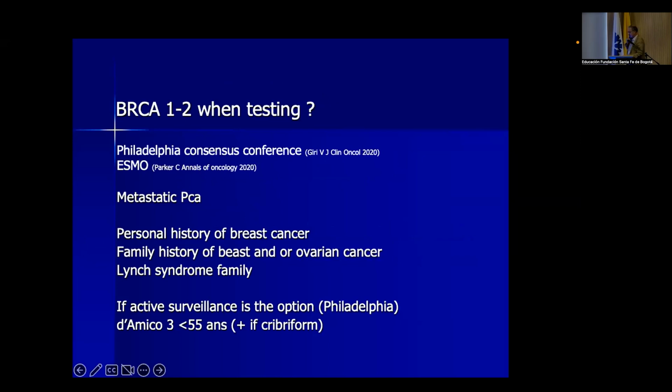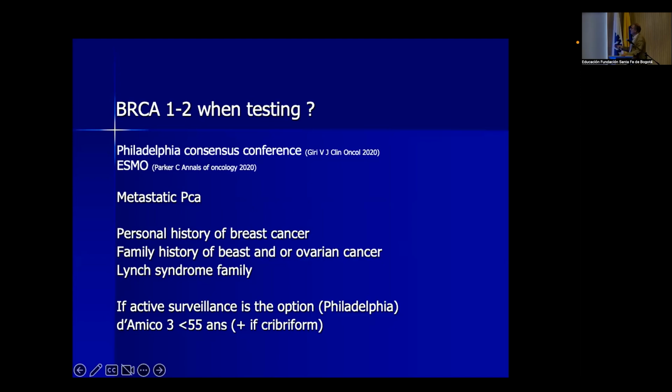So when to test BRCA? There are two main recommendations, one made by the Philadelphia Consensus and the other made by the ESMO. Among the families of patients with prostate cancer: the patient with a family history of early prostate cancer, the patient with a family history of breast or ovarian cancer among the sisters or mother, and a patient from a Lynch syndrome family.